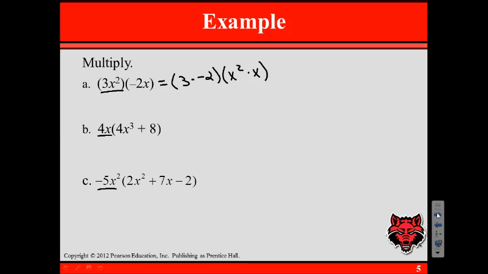So we have 3 times negative 2 times x squared times x. 3 times negative 2 is negative 6. Now remember, when we are multiplying the same base, which is the case with x squared and x to the first, we add the exponents. So that will become x cubed.